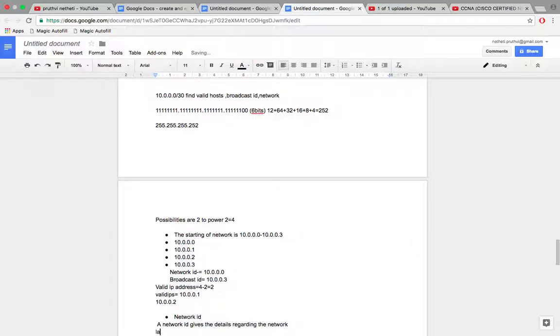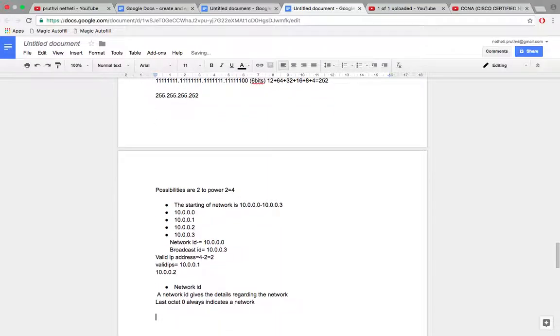And a last octet of 0 always indicates a network. 10.0.0.0 is always a network. So this is the importance.